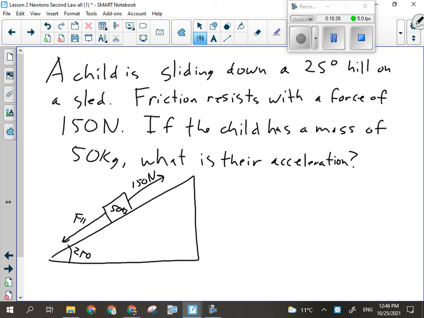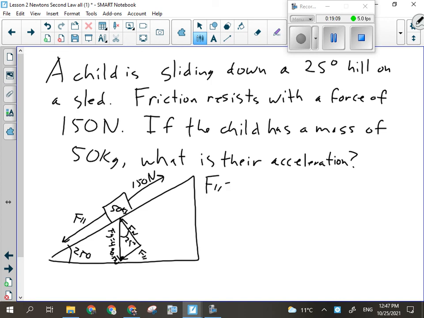I still need to calculate F parallel, and I can do that because they told me the mass. So I can go back to my indispensable inclined plane triangle. The force of gravity here is going to be 490.5 newtons. I'm going to have normal force over here, but I won't need it for this question. Then this side here is F parallel, as it always is, and this angle is 25 degrees. So I'm looking for the opposite side. I know the angle and the hypotenuse.